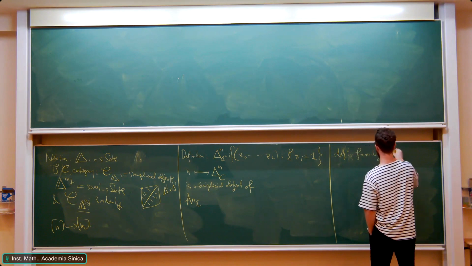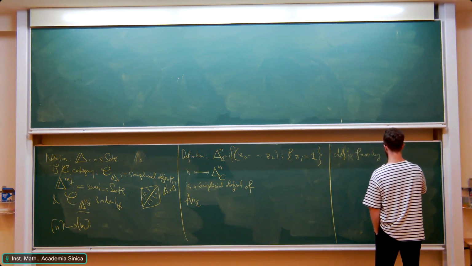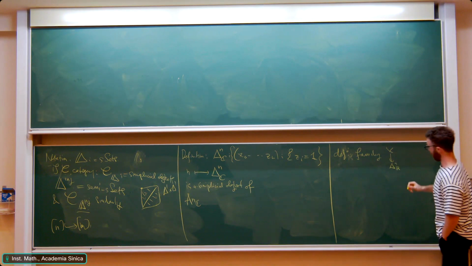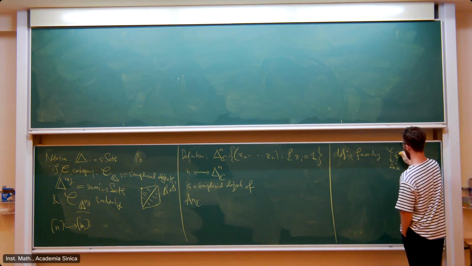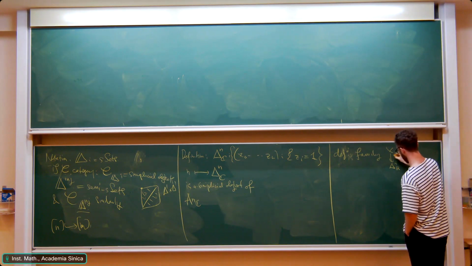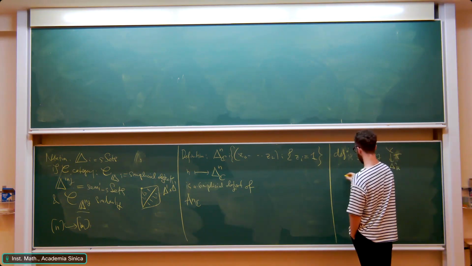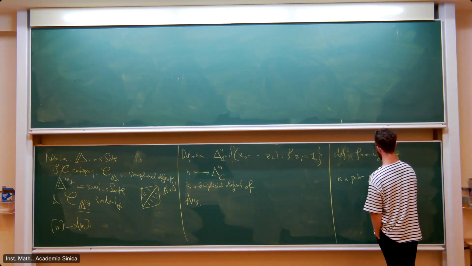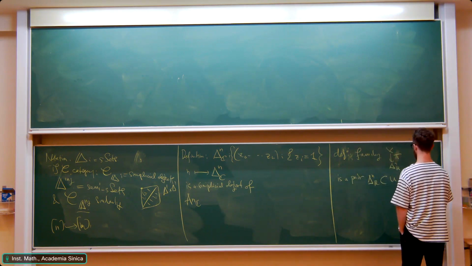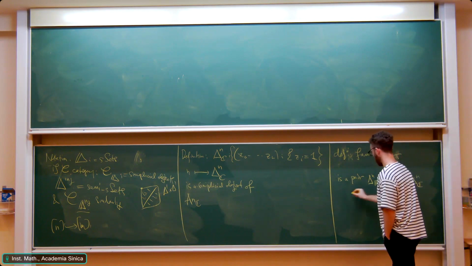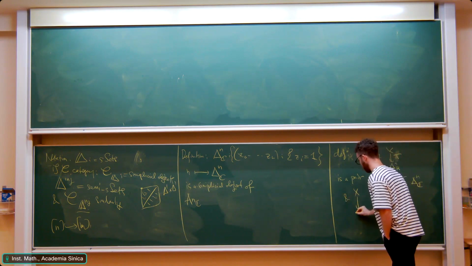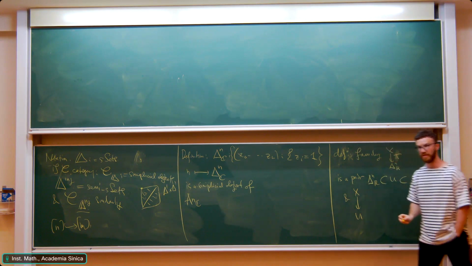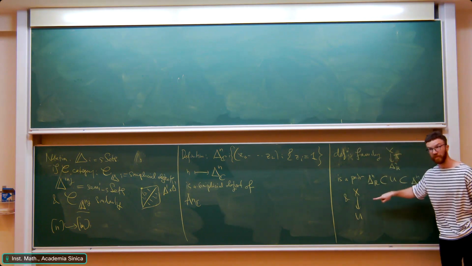Hardin writes a family, and you should think of this as a pair. F, I is my name for families, is a pair, and U is neighborhoods, C n and X goes to D. Right, that's the definition, and the quotient is by refinement.